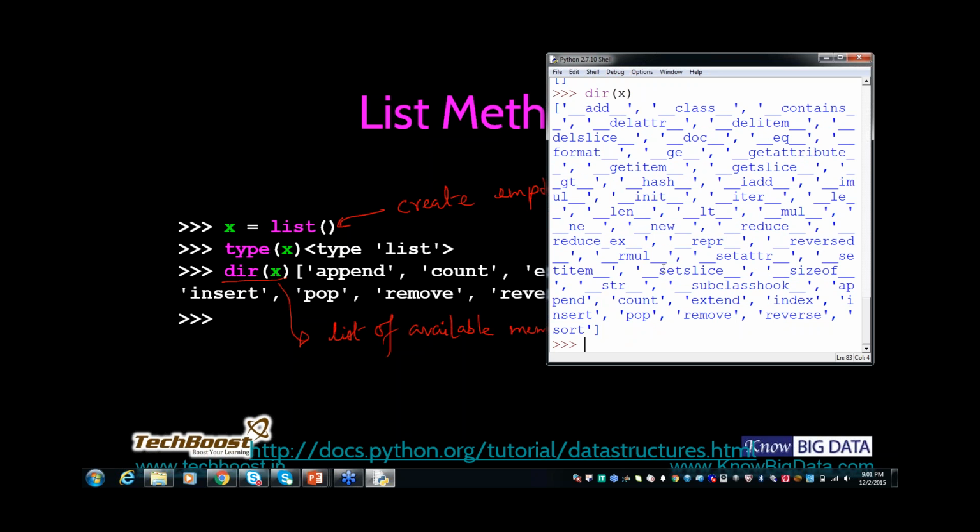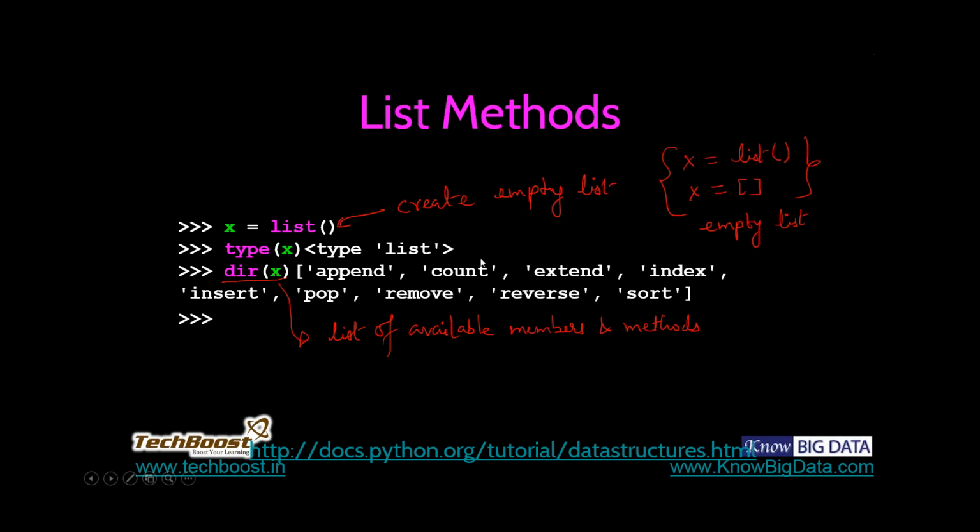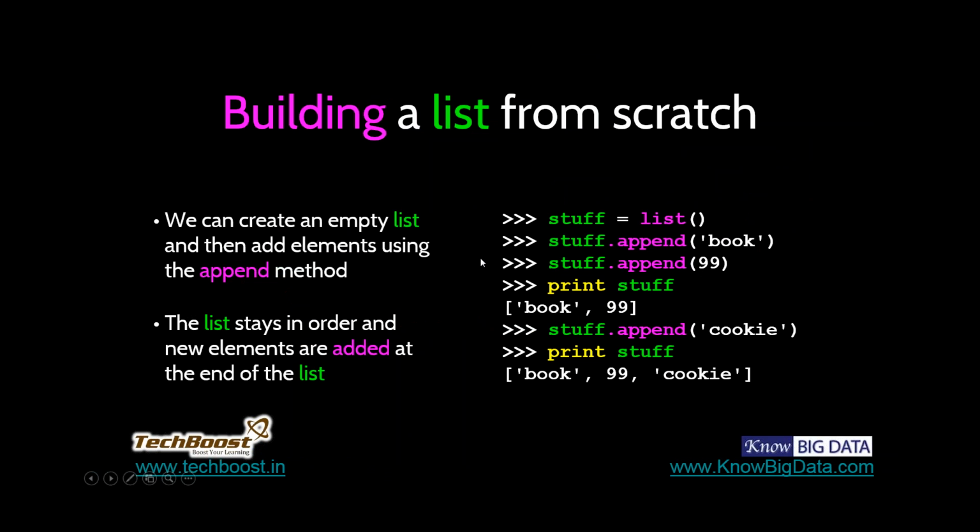All right. Now let me just try to see if I have covered. Yeah, so I have got a few methods covered over here. Let's see what these methods are. The first method we have used is append. So we can create an empty list and then add elements using the append method.